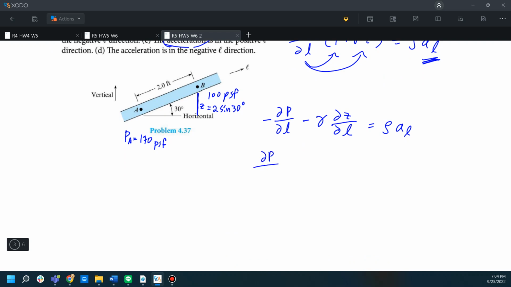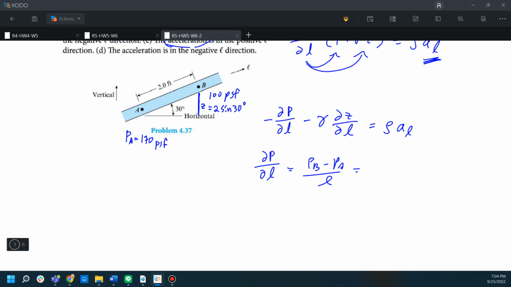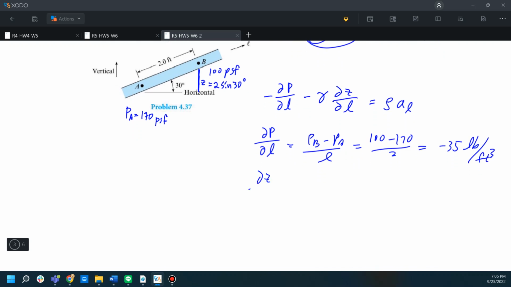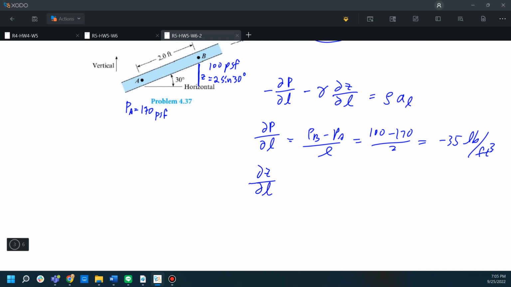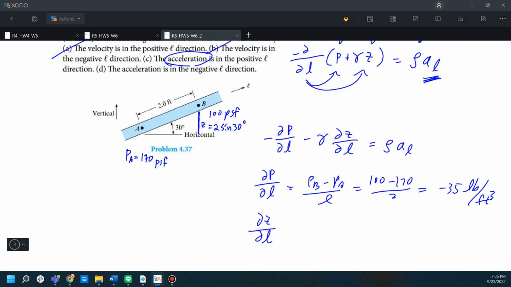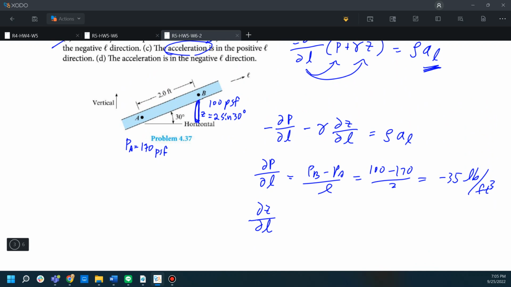Partial P divided by partial L is equal to PB minus PA divided by L. This is 100 minus 170 divided by 2, that is equal to minus 35 pounds per cubic feet. Partial Z over partial L can be seen as this part over this part, so this is equal to sine 30 degrees. Okay.